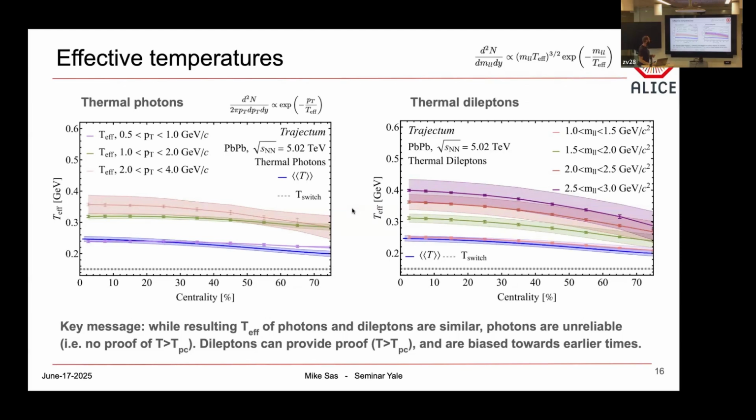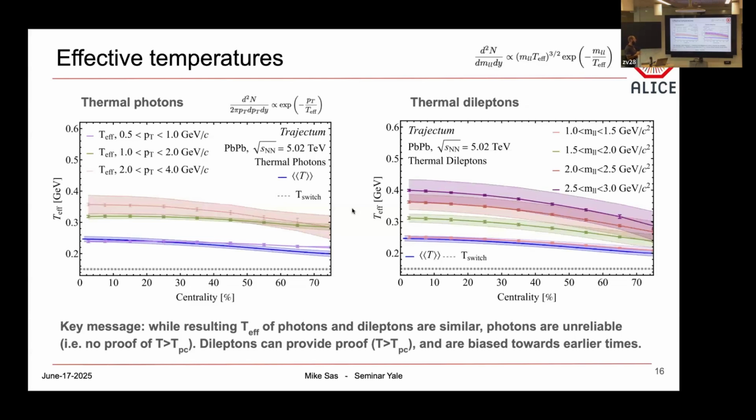Okay, so the key message here, I can just read it out loud because I think it's a strong point: while the resulting effective temperatures for photons and dileptons are similar, the photons are unreliable, period, because they are blue shifted. They are not a model independent way of measuring temperature, and they would never give you a proof that your temperature is above the pseudo-critical temperature that would form the QGP, as motivated by lattice QCD.